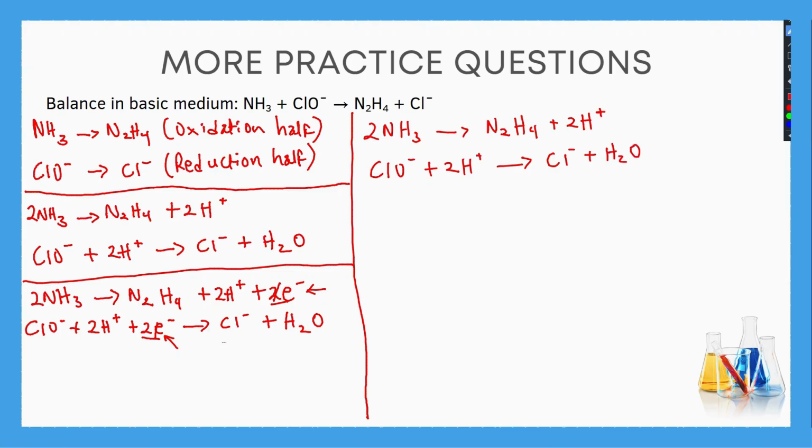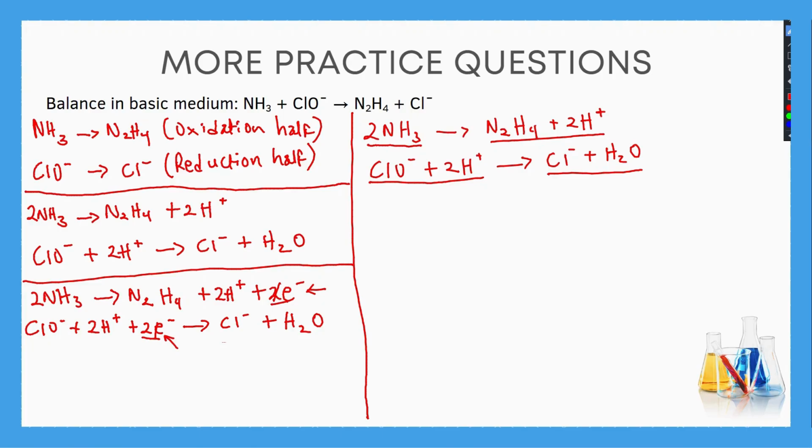At this point now, we can combine both equations together. Everything on the left-hand side of the first equation goes with everything on the left-hand side of the second equation. The same thing goes with the right-hand sides of both equations. So let's add them together.